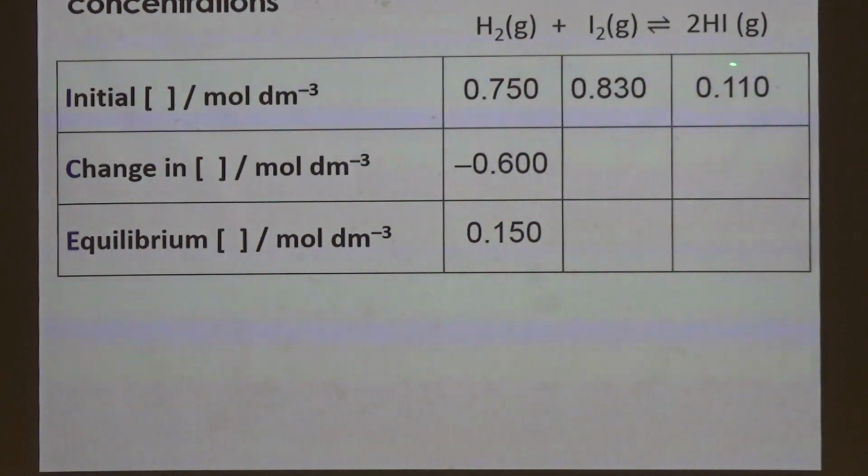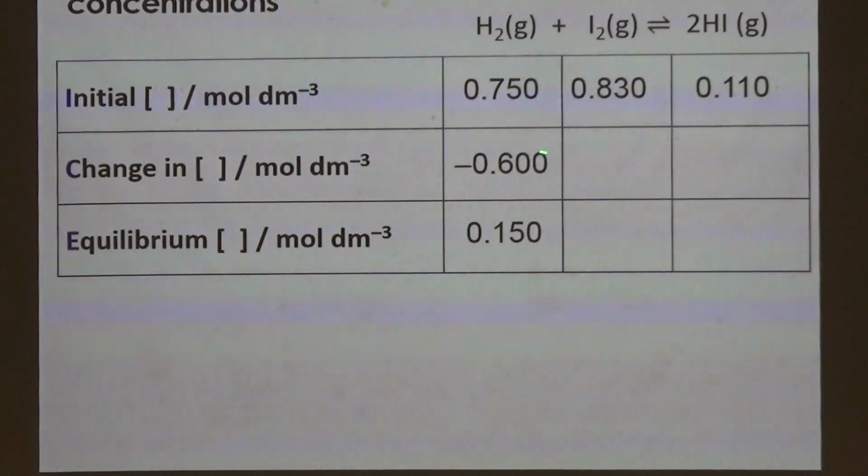Initially, why are these concentrations these values? It is because of the person doing the experiment using these concentrations. So this concentration can change depending on how much is added in or mixed in. This change here is the difference between the initial and the final, so minus 0.600.